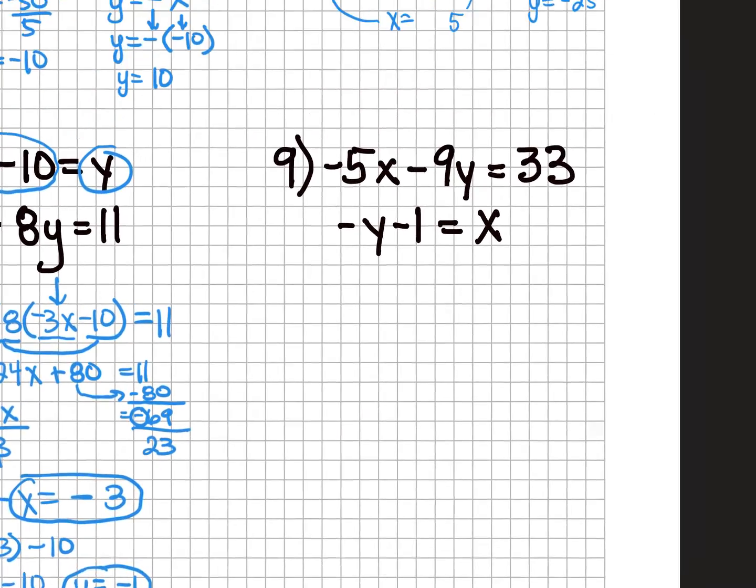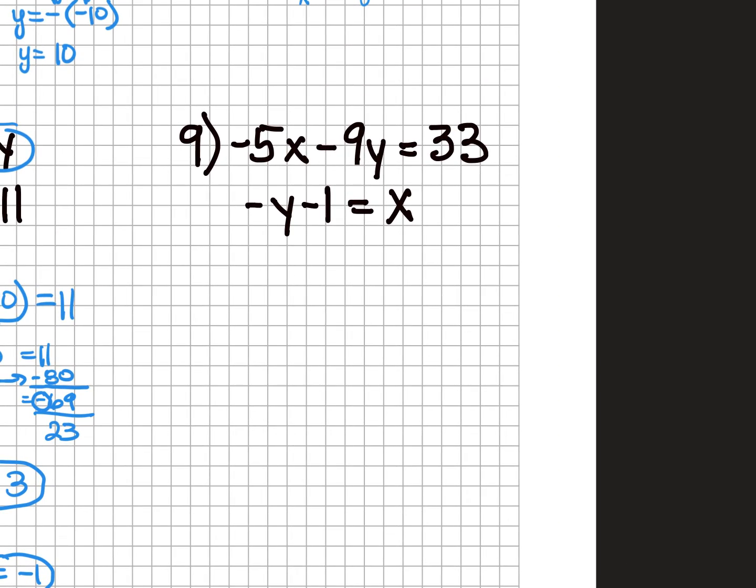Okay, last one on the front. Let's see. 5x minus 9y equals 33, and we know exactly what x is equal to. X is equal to negative y minus 1. So I'm going to take this x out and make it negative y minus 1, but I got to use my parentheses, and I still have to multiply by negative 5 in front. Minus 9y equals 33.